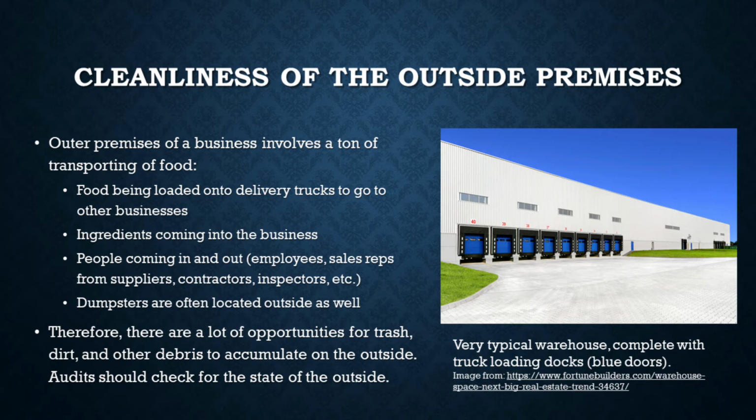Whatever the case, this is usually a good first step to check because a lot of food safety issues can happen just by poor maintenance of the outer premises, just as much as it would be poor maintenance on the inside. So I usually like to check this first. Part of that is also because it's just a convenient starting point. Especially if your office is detached from the factory, which it was in the case of the first company I worked at.